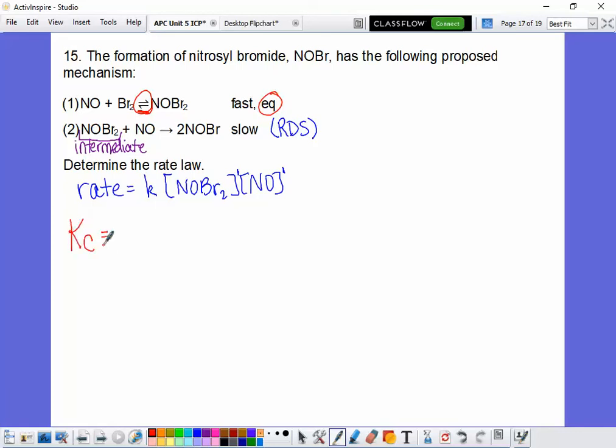And what will that look like? And I meant to say this, but we're going to assume that all of these substances are gases or aqueous. Okay? All right. So now we know that that is the equilibrium expression. Let's go ahead and rearrange that to solve for NOBr2.